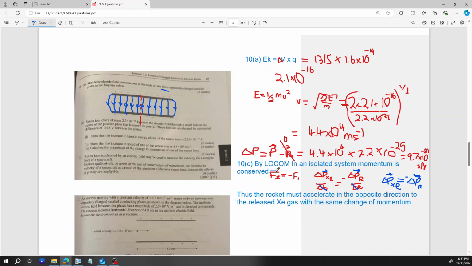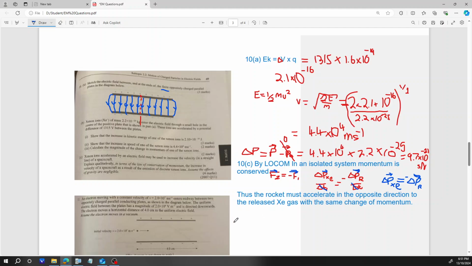Okay. So thus, now I'd probably at least write that statement. There are other ways in the general law of conservation of momentum that you can explain it, but with a rocket and exhaust gases, I find this the easiest way to express it. Thus, the rocket must accelerate in the opposite direction of the released xenon charge with the same change of momentum.